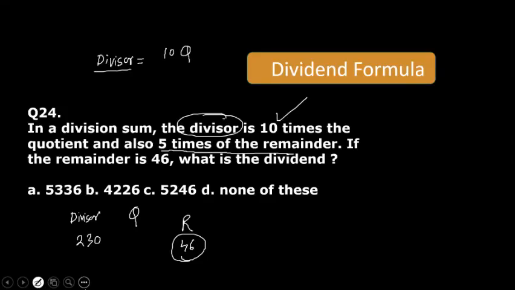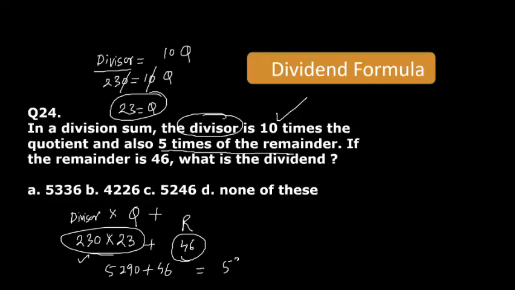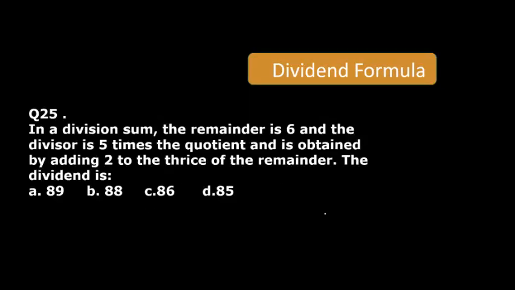So we divide 230 by 10 and get the quotient, 23. Here you multiply and here you add. First we multiply and then we add. 5290 plus 46, simply we got 5336. I hope it is clear. Very basic formula. Try this question on the same formula.